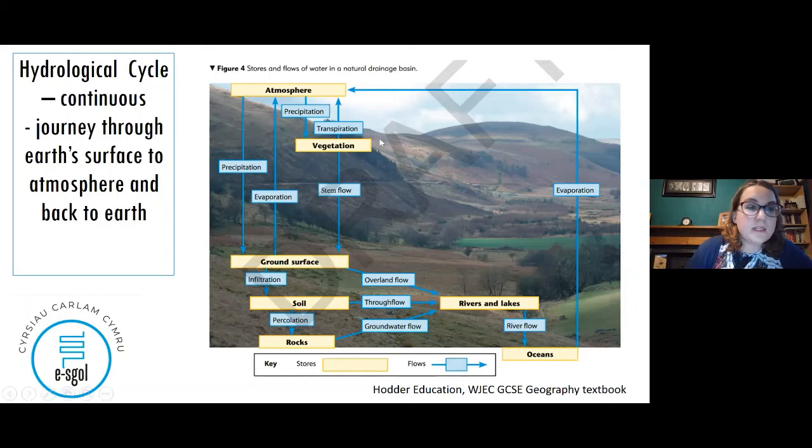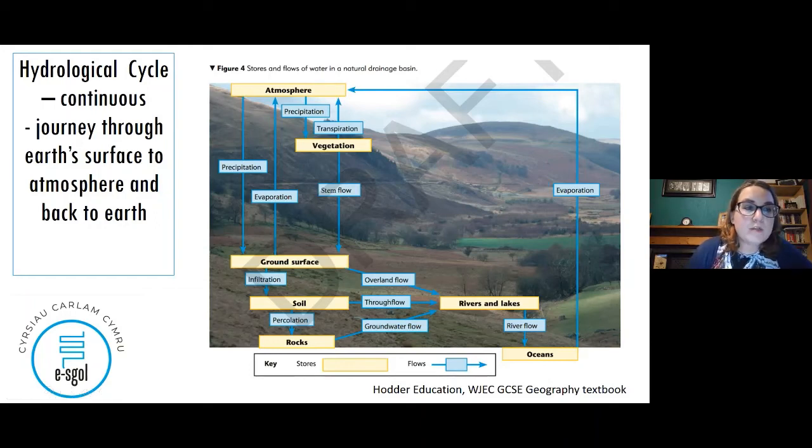Now, the wind blows the clouds from over the ocean or the body of water towards the land, and precipitation occurs when this water is released from the clouds. So it falls through the atmosphere and it enters into the drainage basin. Our precipitation can take on multiple forms. It can be rain, hail, sleet, or snow.